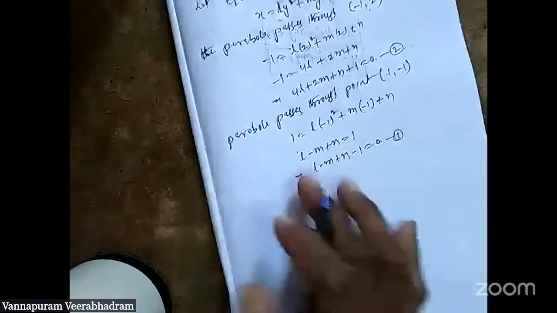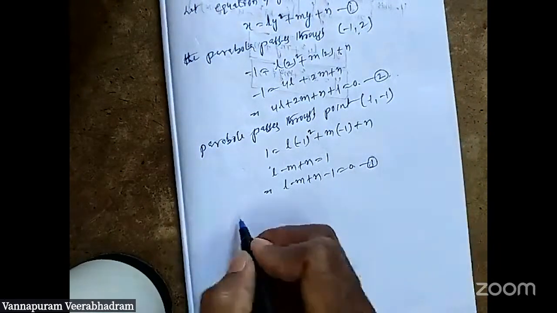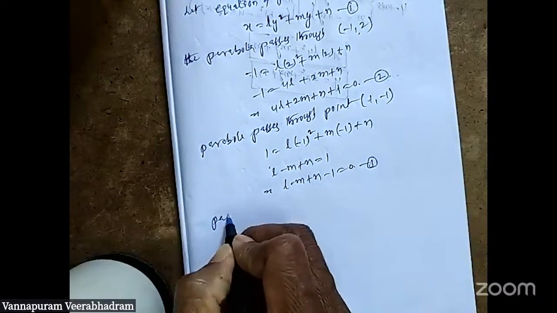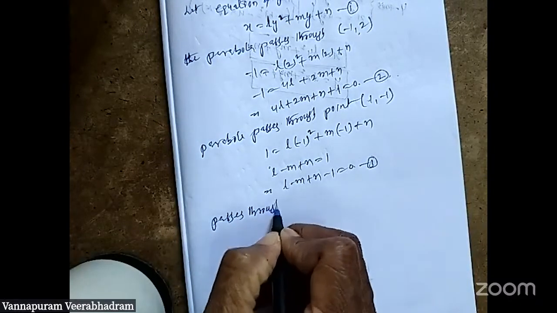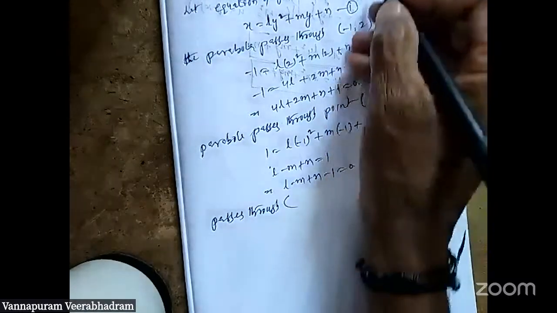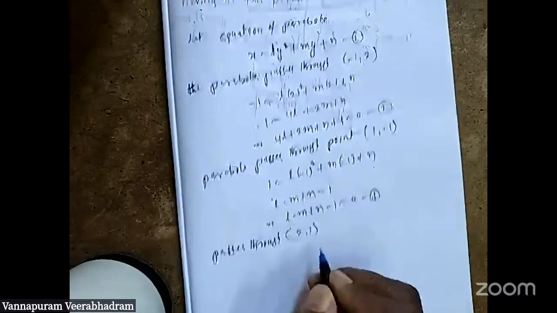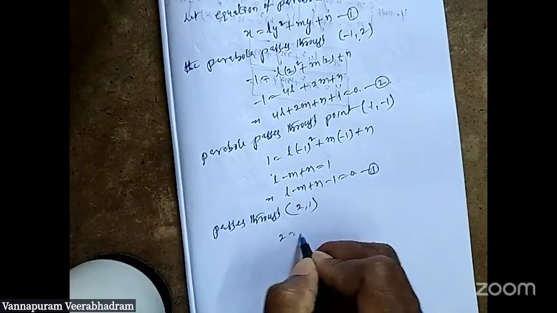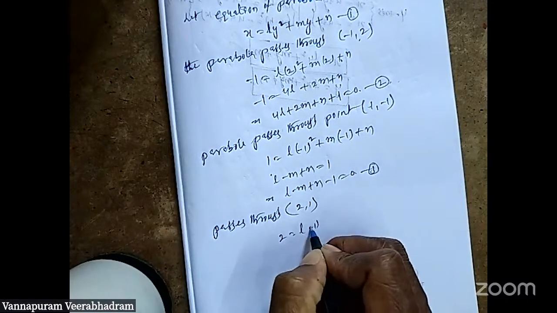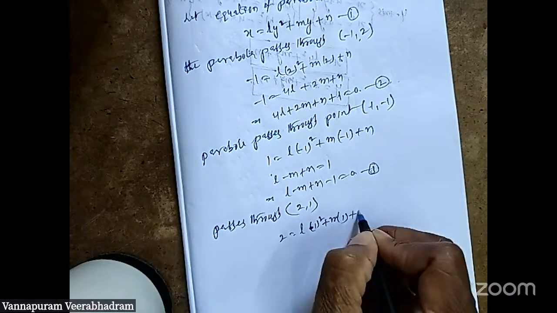And also the parabola passes through the third point, that is 2 comma 1. So now substitute in the equation: 2 is equal to L into 1 squared plus m into 1 plus n.